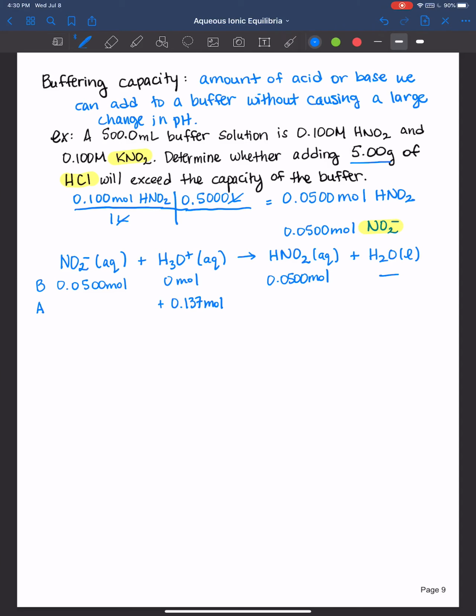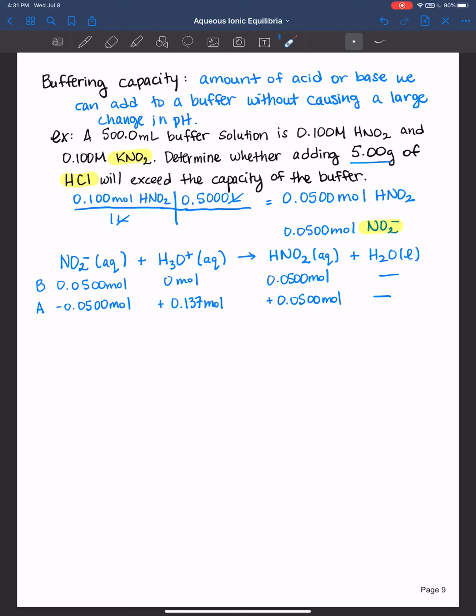So what you will write in here is, okay, I'm going to lose that 0.0500 moles as that acid is reacting with the base. It's creating the conjugate acid at the same time in your beaker. And so in this case here, we are creating 0.0500 moles of this conjugate acid as the nitrite is being consumed.